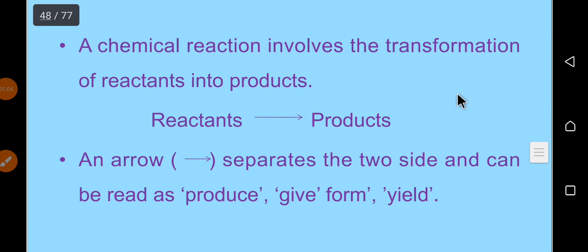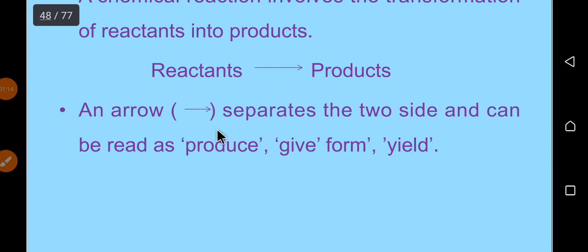A chemical reaction involves the transformation of reactants into products. Here is reactant and here is product. Reactant ወደ product ሲቀየር ማለት ነው። And the sign of this arrow separates the two sides and can be read as produce, give, form or yield.